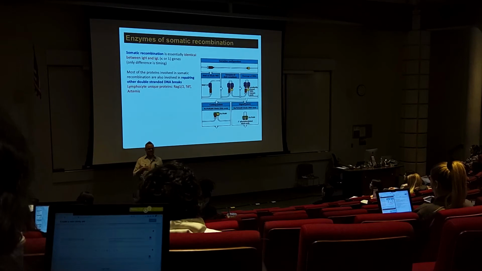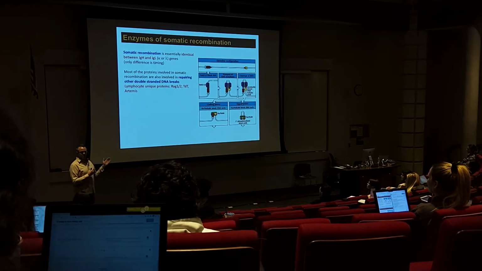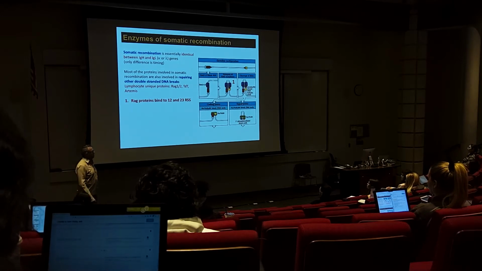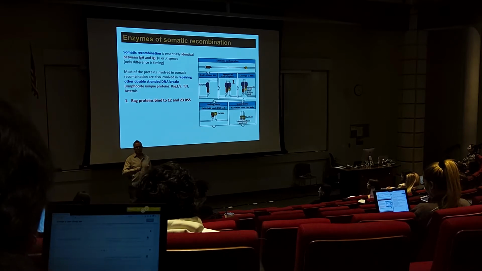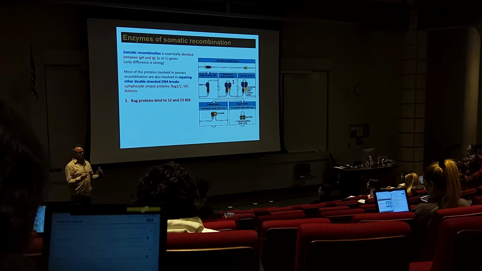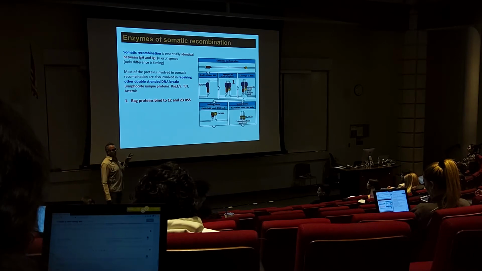It's not your classical helicase unwinding repair. This is different. The RAG proteins bind to the 12 and 23 RSSs. In reality, it's RAG1 that's binding them, because RAG2 is the enzyme that cuts them. RAG1 says, I decide which gene segments to put together. RAG2 says, okay, you picked, now we're going to cut them.